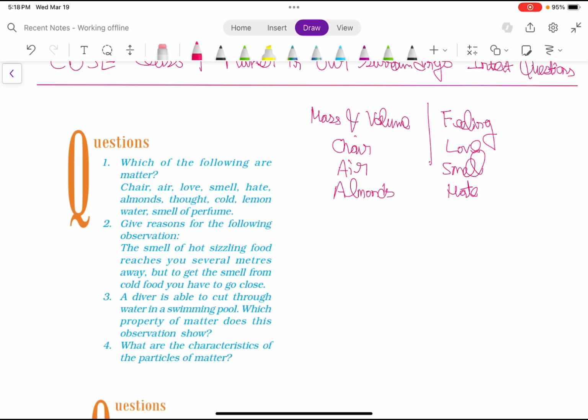Thought is a process. Cold is a feeling. Lemon water is mass. Smell again is a feeling.